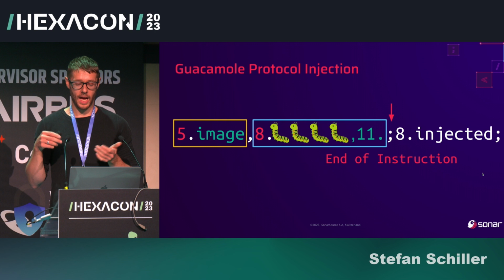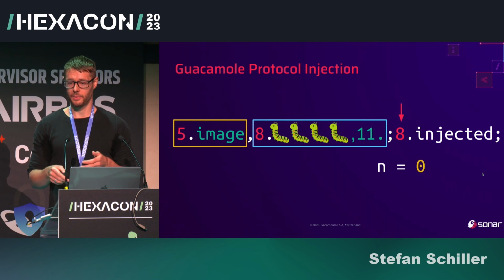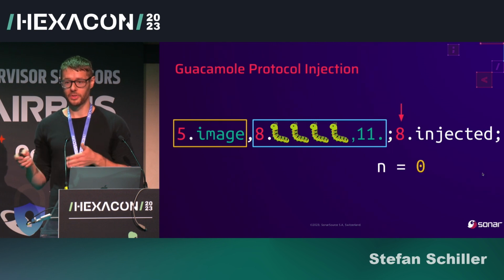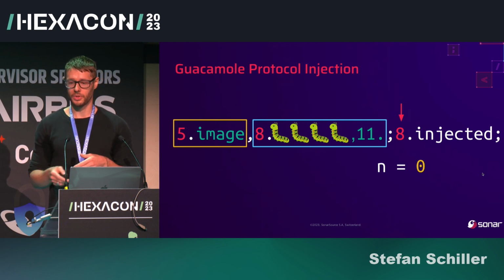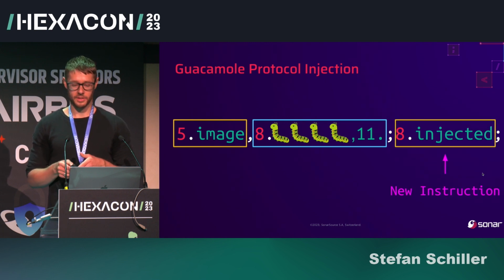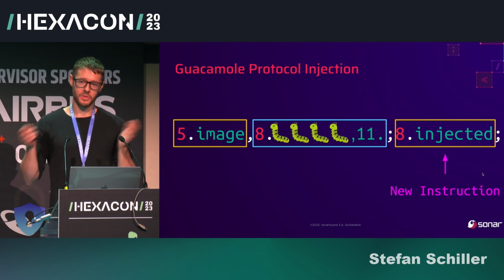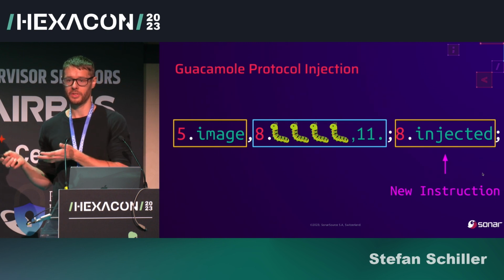Now the argument is finished and the parser encounters a semicolon. This means that the image instruction is complete. Thus the parser continues to read the next instruction. Its length is 8, so 8 Unicode characters need to be consumed. 1, 2, 3, 4, 5, 6, 7, and 8, and the instruction is complete. The string we injected became a whole new instruction.